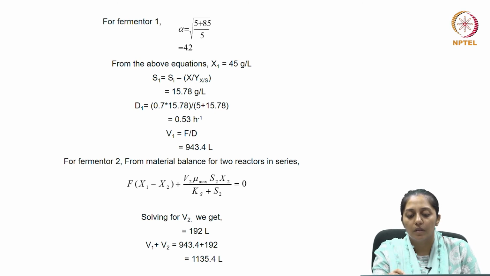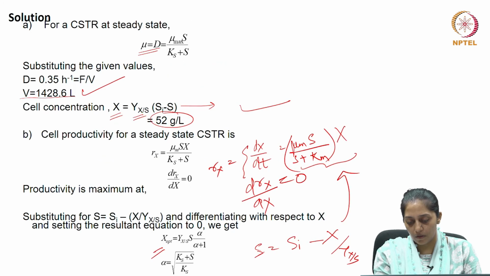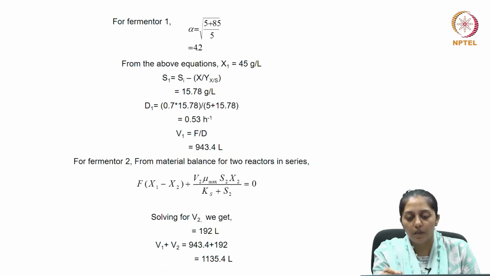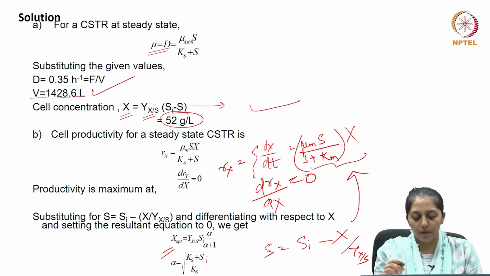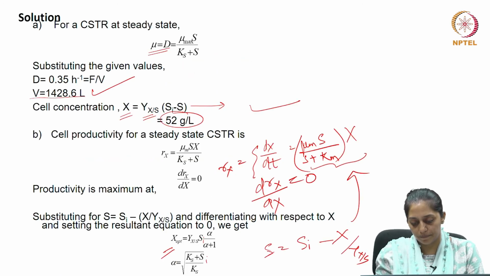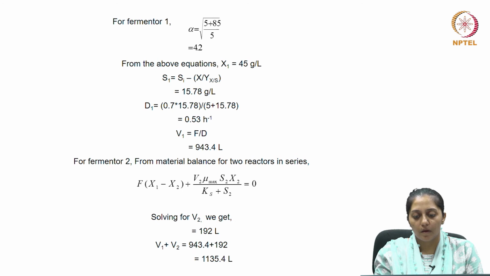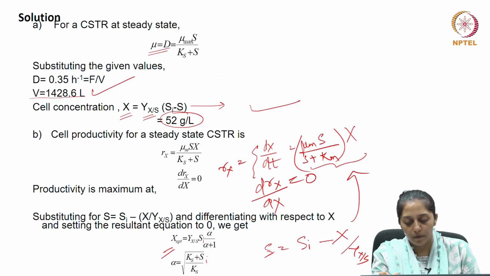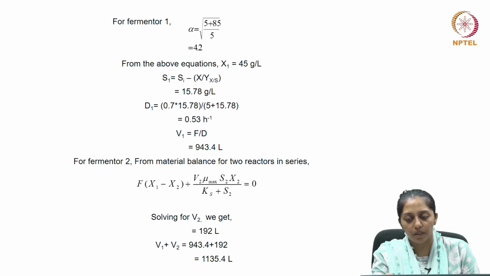So, the residual substrate concentration is known and the value of Ks is also known. So, we will now find out the value of alpha. Once alpha is known, we can find the value of X for the maximum productivity.